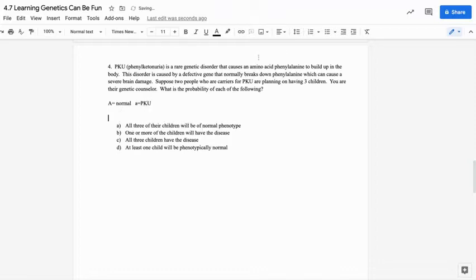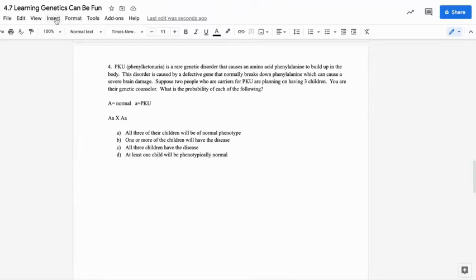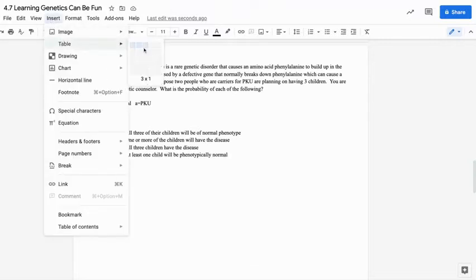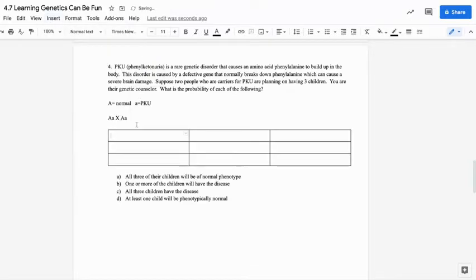It says that 2 people are carriers, so we know that they carry the trait, and they want to have 3 kids. So again, just do a real simple Punnett Square, and we're going to refer to that throughout this problem. I'm going to make it kind of small off to the side, but it's going to be helpful.